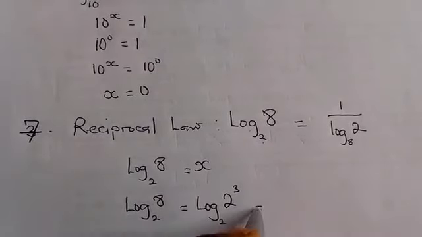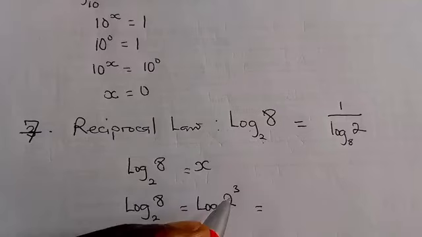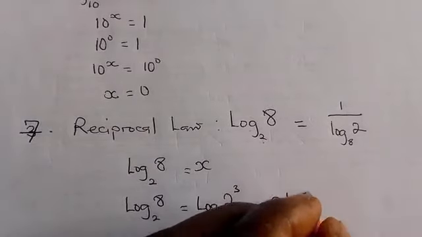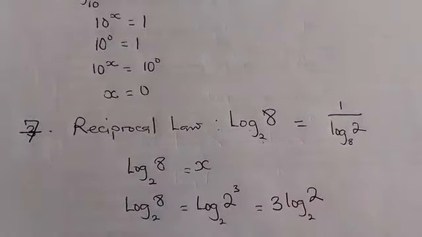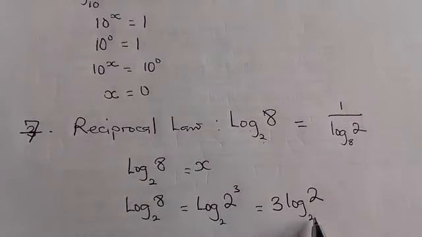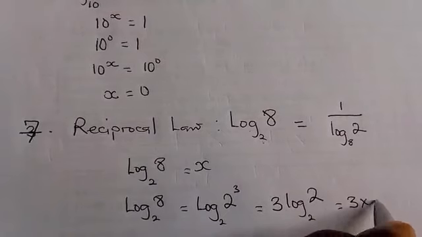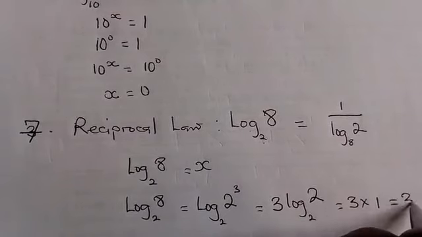And this is equal to, from our power law, we are going to multiply this power by the log itself so that it becomes 3 log 2 to base 2. And you know, from one of the previous laws we've looked at, that is a logarithm to its own base. We have log 2 to base 2 here, so we are going to equate it to 1. That is 3 multiplied by 1, and that's equal to 3.